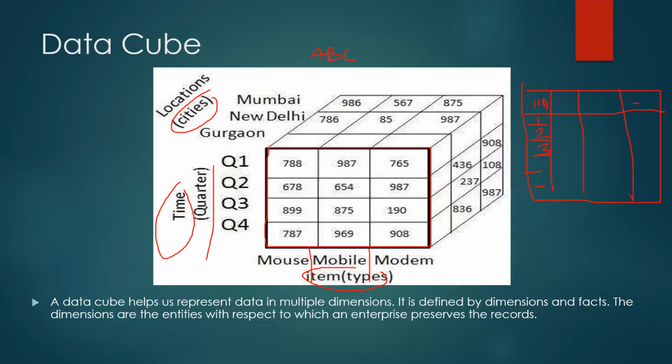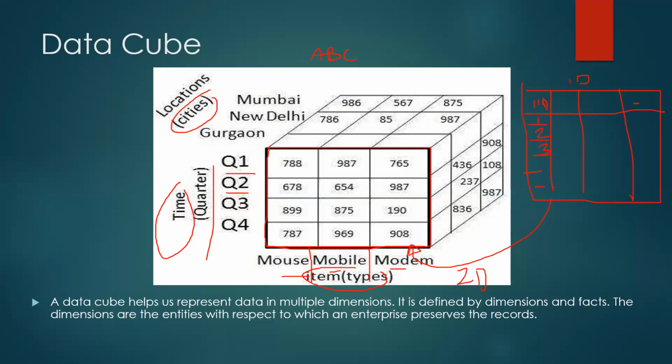Now, if you focus on the table which is represented here in the bold, this is a two-dimensional table. Unlike this, which is one-dimensional, which talks only about item. But this table here talks about two dimensions. Now, what are the two dimensions here? On the x-axis, we have mouse, mobile, and modem. And on the y-axis, we have quarter, time.